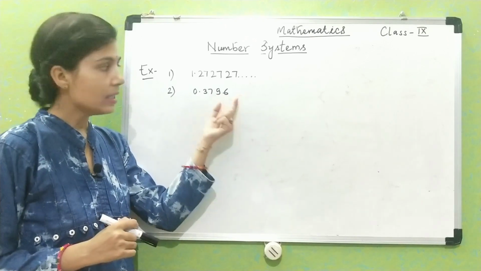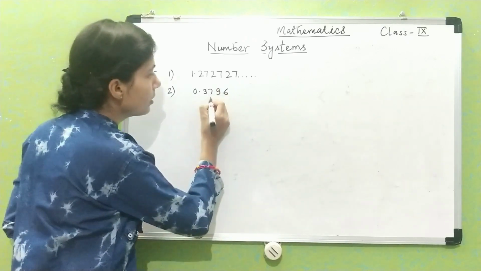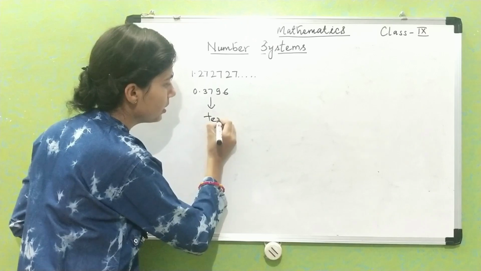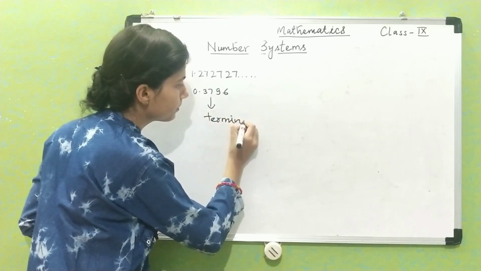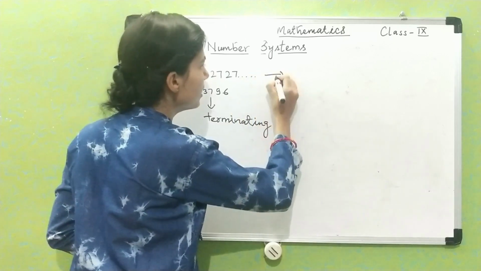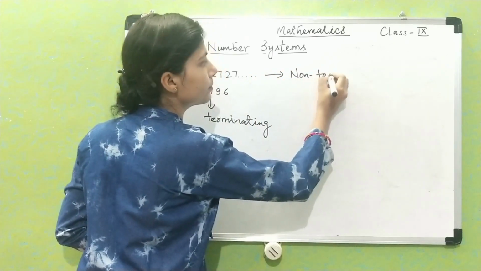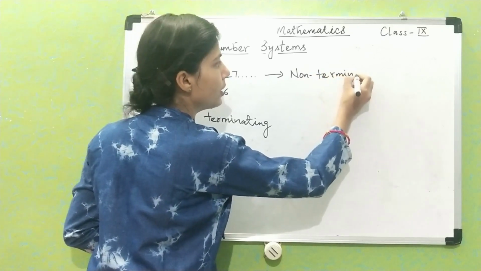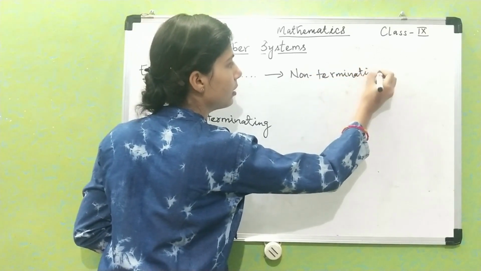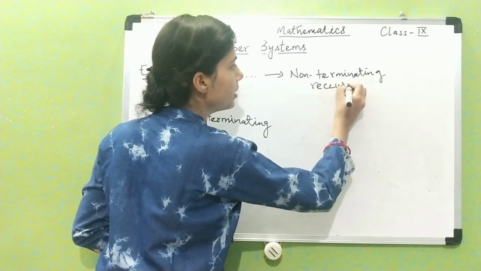So this is terminating, and this one is non-terminating recurring. Recurring because it is repeating.